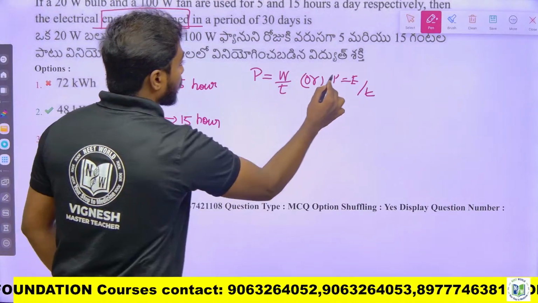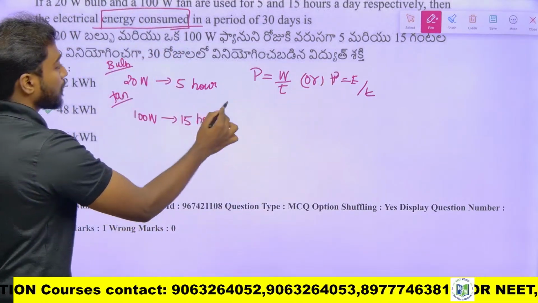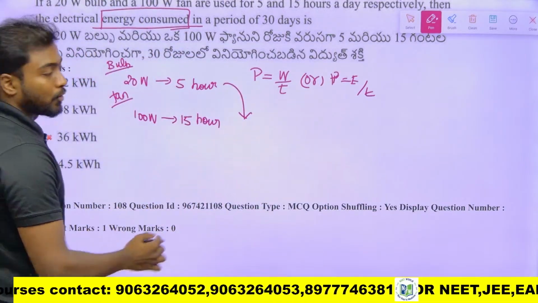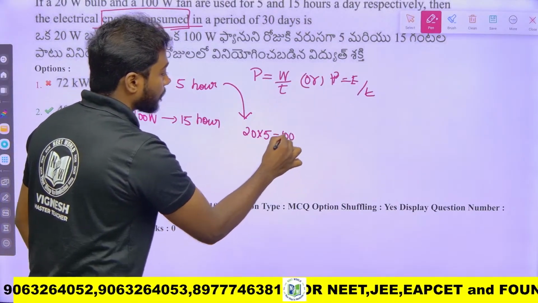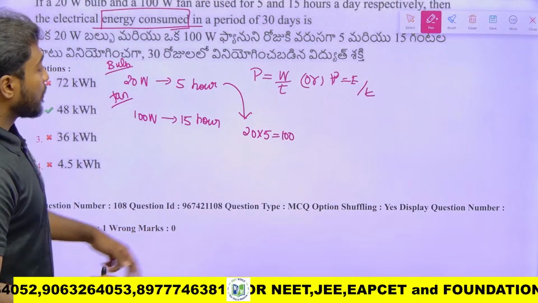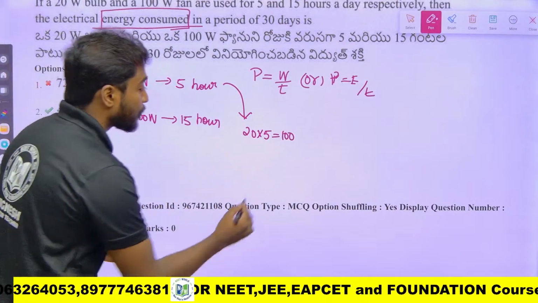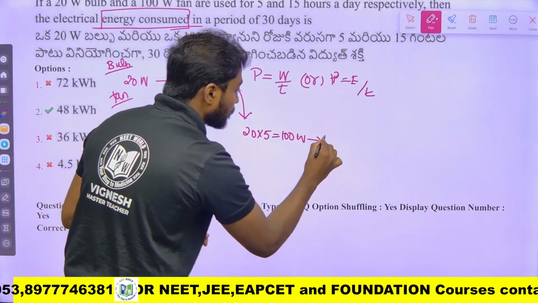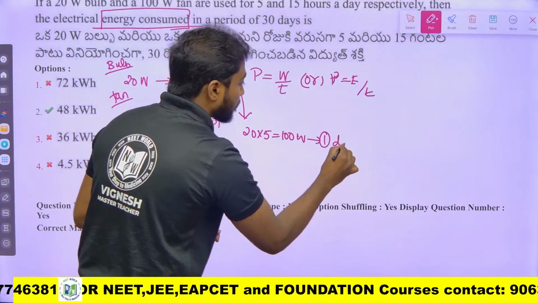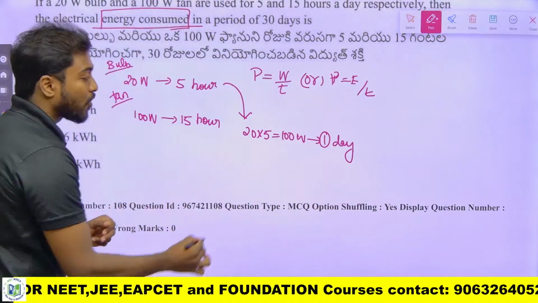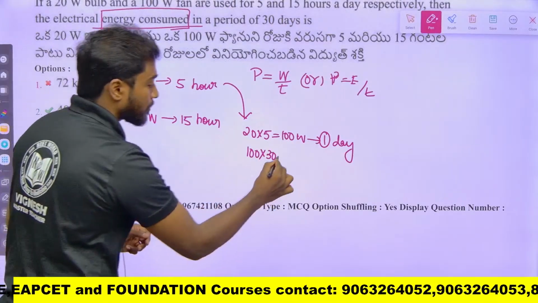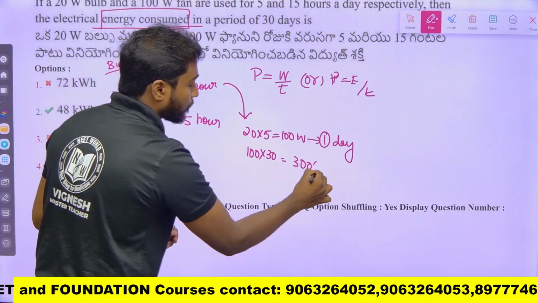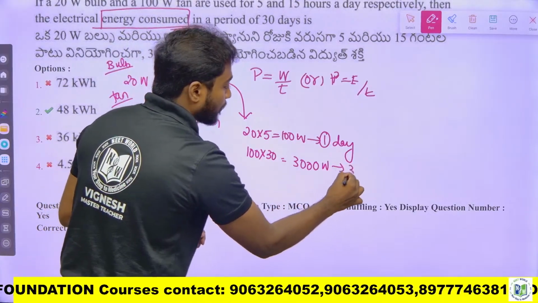Now, we know that it is for 5 hours now. So, 20 into 5 I will get 100. So, it is for 1 day, 100 is for 1 day. For 30 days how much it is? 100 into 30, right, which is nothing but 3000 for 30 days.